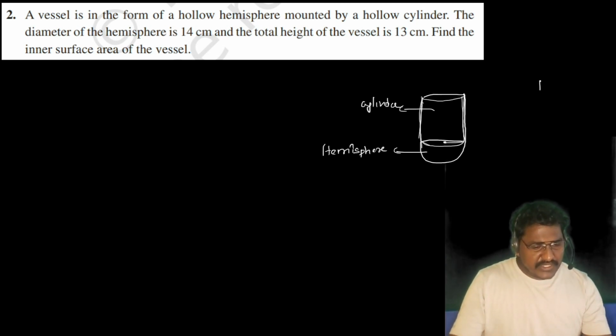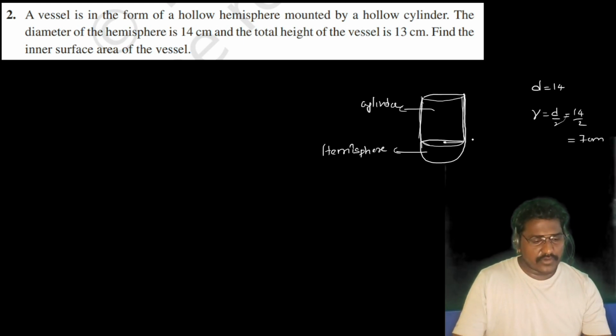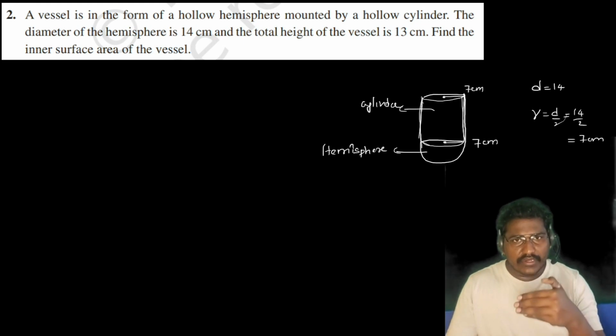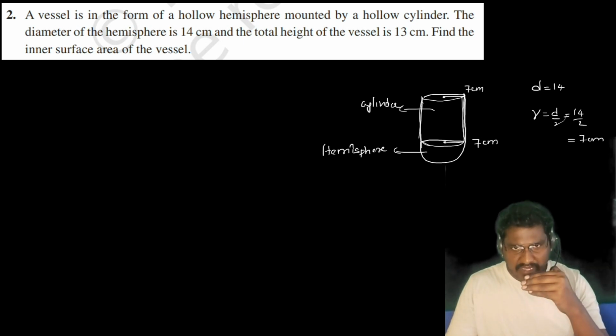If diameter is equal to 14, then radius is equal to d by 2. That will become 14 by 2, that is equal to 7 centimeter. So radius is equal to 7 centimeter. So this radius 7 centimeter is common for both hemisphere and cylinder. Remember, whenever two figures are joined or mounted one upon other, then they will have common radius.